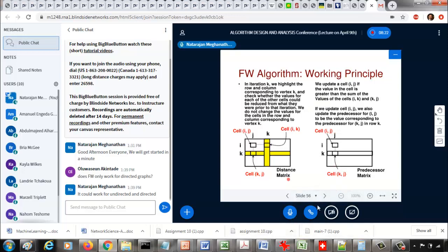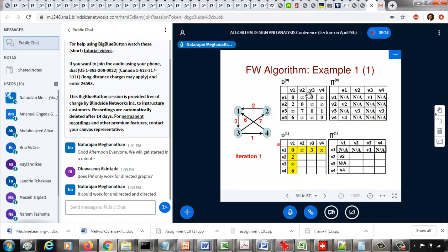Alright, so let us go through this. Here for 2 to 2 it is 0 currently. So we have to explore whether there is a path from vertex 2 to vertex 2 of weight less than 0. For that, we explore again by going through vertex 1, because this is iteration 1.